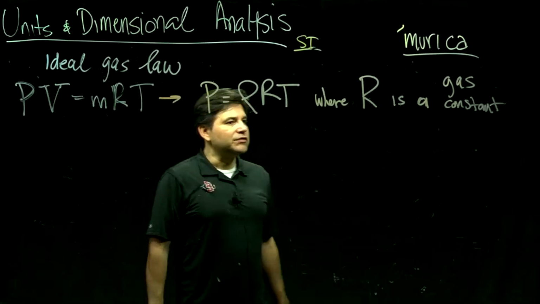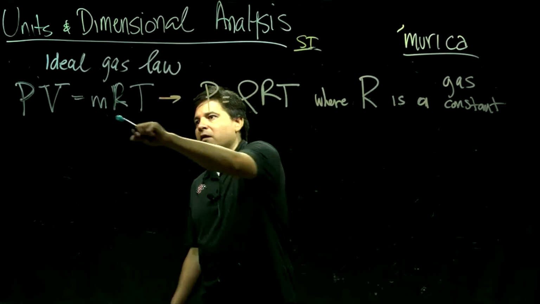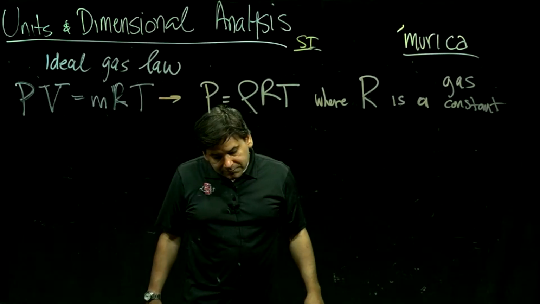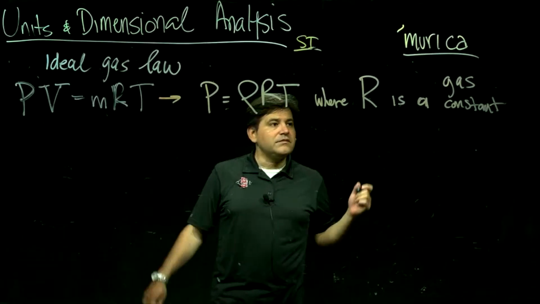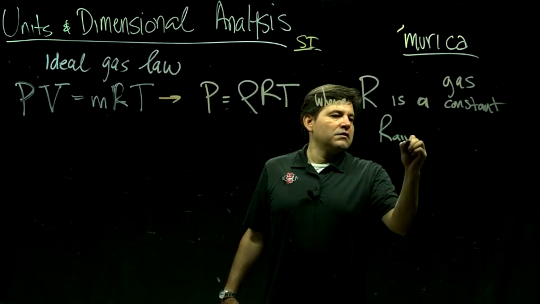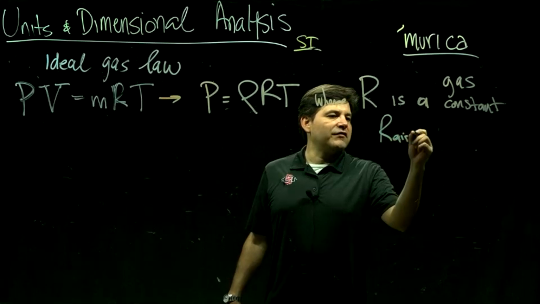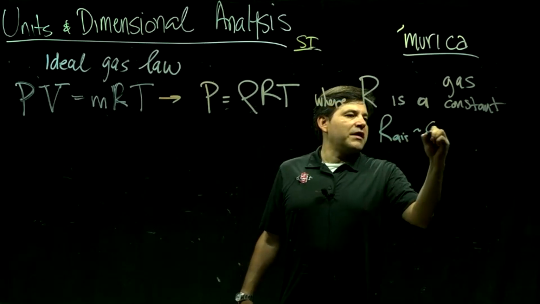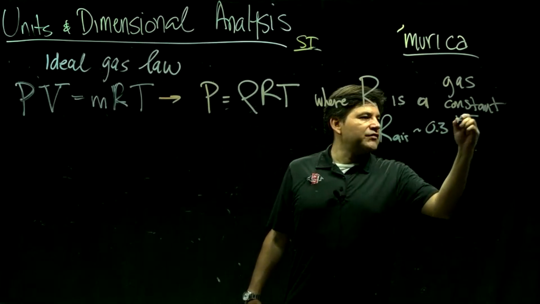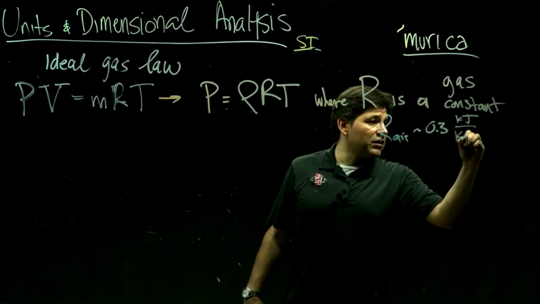That's why it's universal. This, when you're talking about mass here, it depends on what you're talking about. So for air, if you're talking about an air system of gas, then R is about 0.3 in terms of units, kilojoules per kilogram Kelvin.